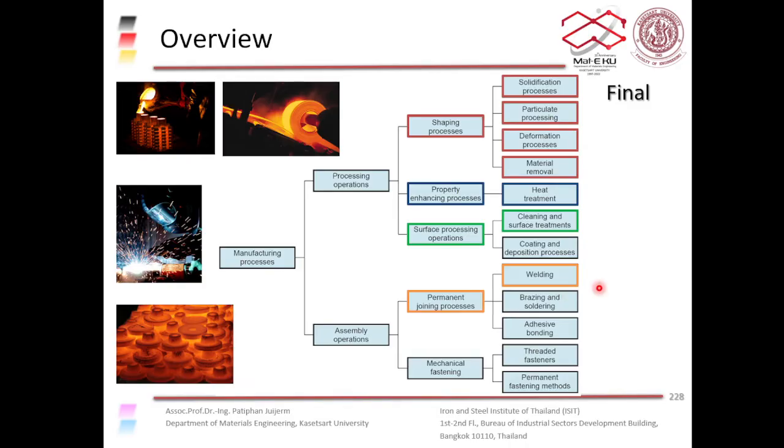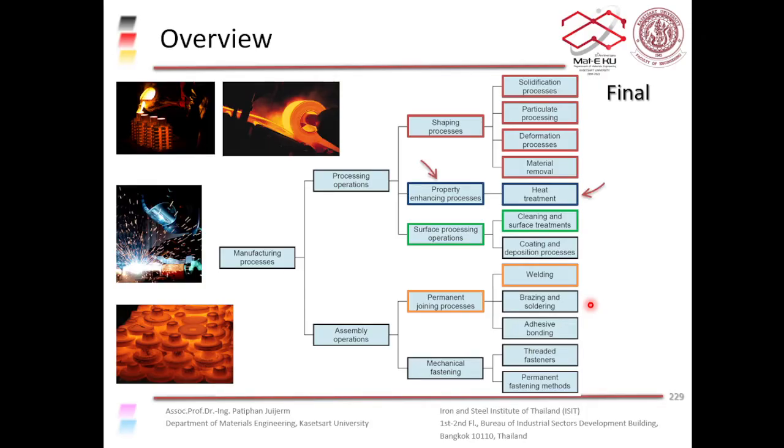Because of time constraint, we cannot look at all the assembly operations. We will look at welding mainly, and we'll touch briefly just a little bit on brazing and soldering to give you a contrast of what the similarities and differences are between welding, brazing, and soldering. But we're not going to go into detail on brazing and soldering, but mainly we look at welding.